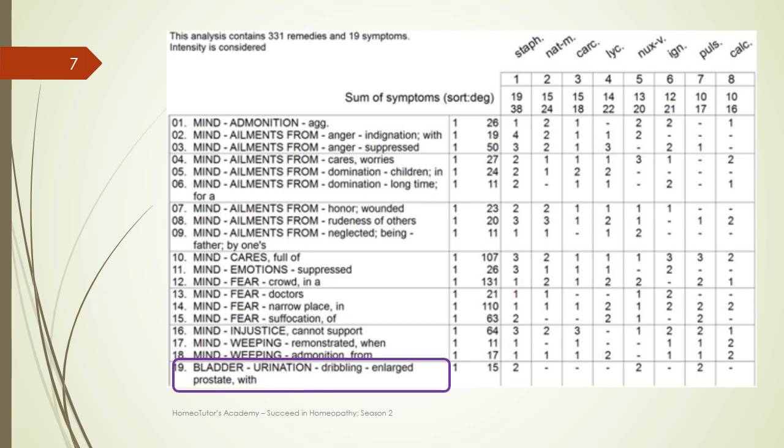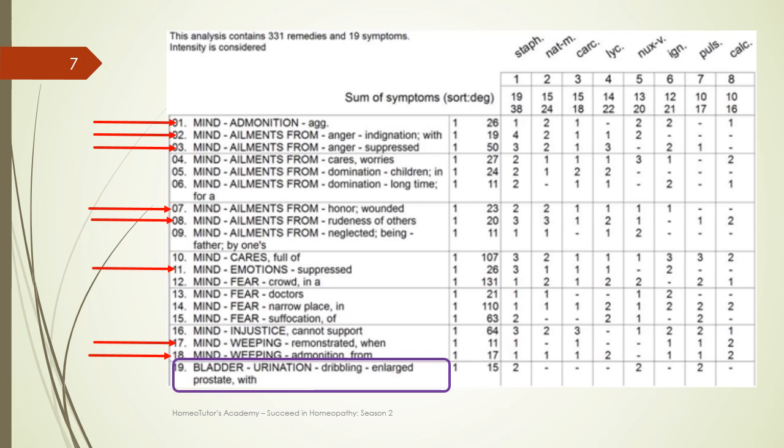Let us go further. Just take a look at these rubrics. All of them are relating to admonition by the parent, by the father, by the rudeness and the honor that was wounded, and these are all small rubrics having 11, 12, 15, 26 remedies. These rubrics should actually have been combined into one big rubric, and that is what synthesis is all about.